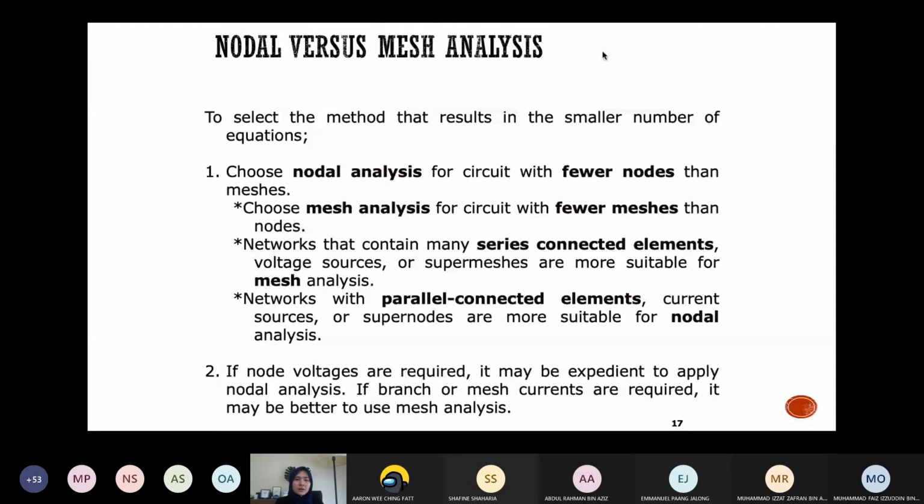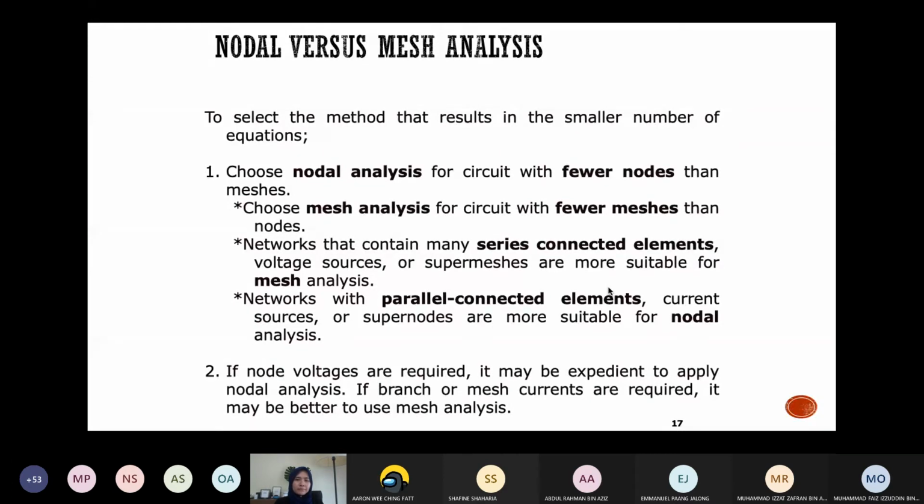Networks that contain many series connected elements are more suitable for mesh analysis, and networks with parallel connected elements are more suitable for nodal analysis. For a circuit, it depends on you whether you want to use nodal or mesh. If you think mesh is easier, then you can use mesh, if the question does not state which method to use.